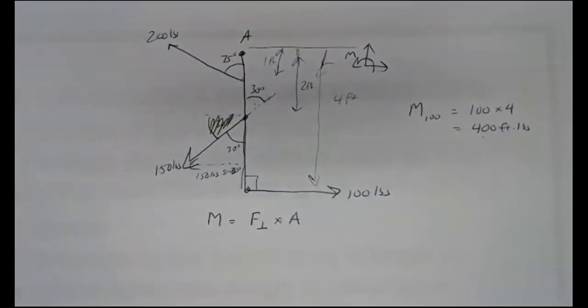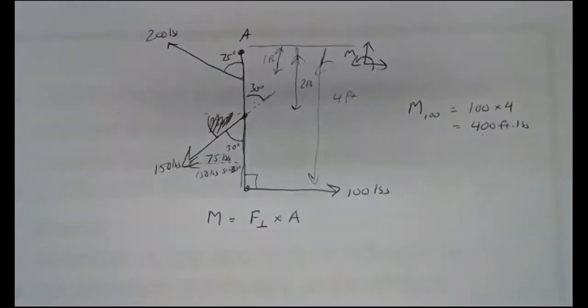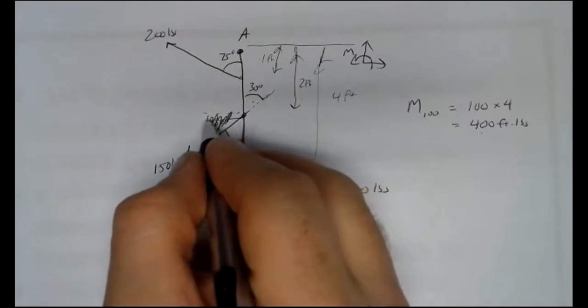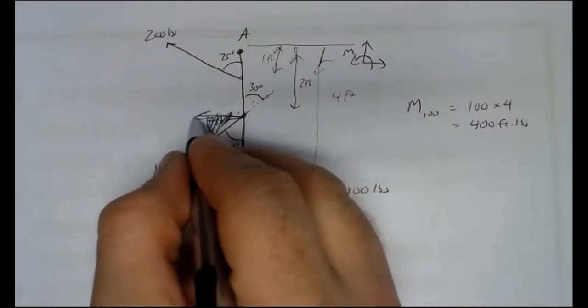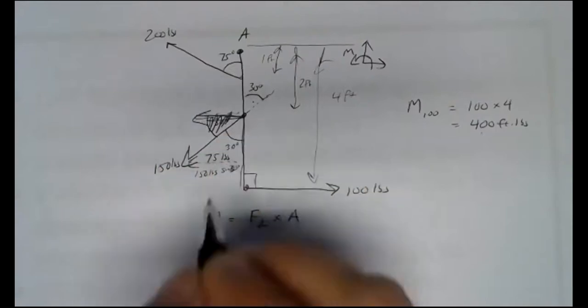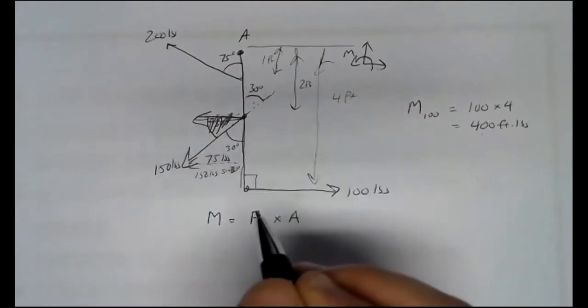And if we go to the calculator, or you remember, sine of 30 is 1/2. This is 75 pounds. So the amount of this 150-pound force that is pulling this way, that's creating the clockwise moment, is 75 pounds. So we've got 75 pounds 2 feet away.